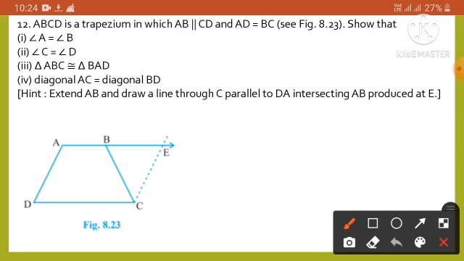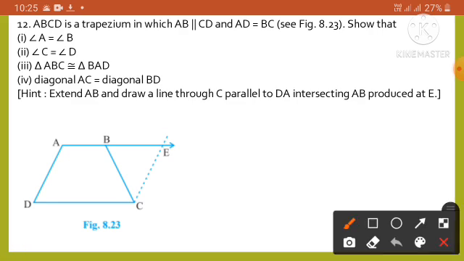We have to prove that angle A equal to angle B, angle C equal to angle D, triangle ABC is congruent to triangle BAD, and number 4, diagonal AC equal to diagonal BD. Hint: extend AB and draw a line through C parallel to DA, intersecting AB at point E here.